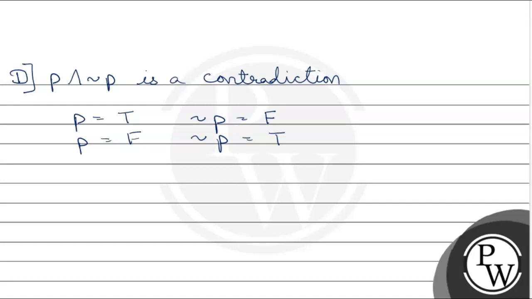Now let us check option C. Option C says that P and P implies Q implies P is a contradiction. Now we will check whether this statement is a contradiction or a tautology.